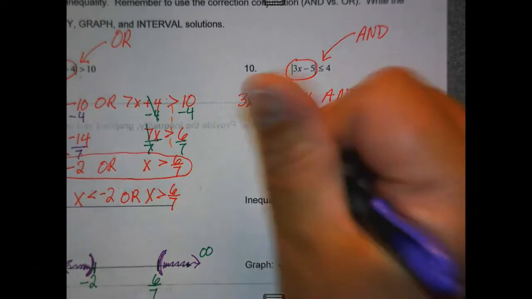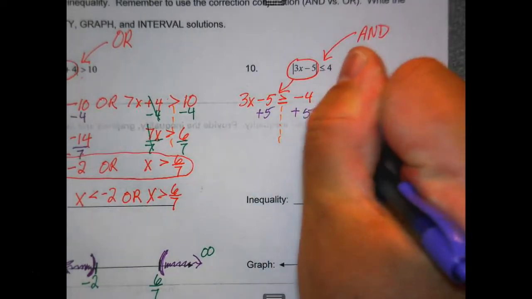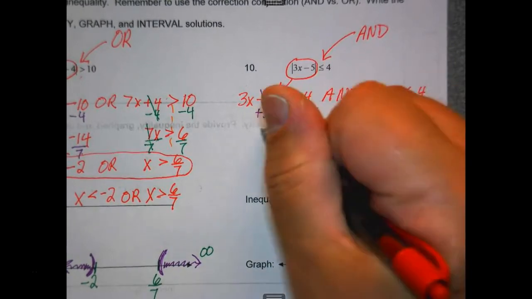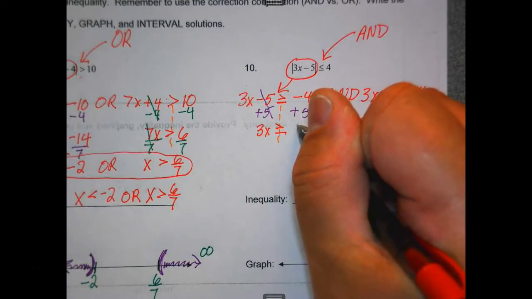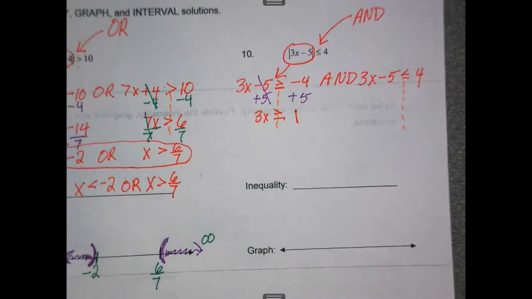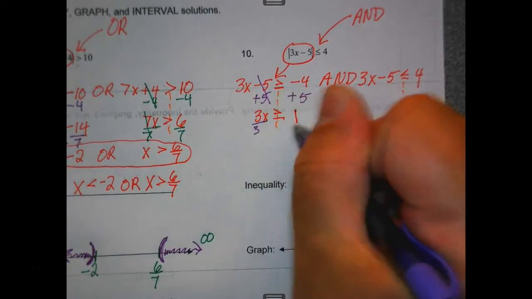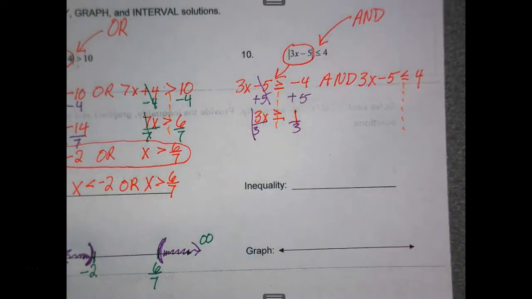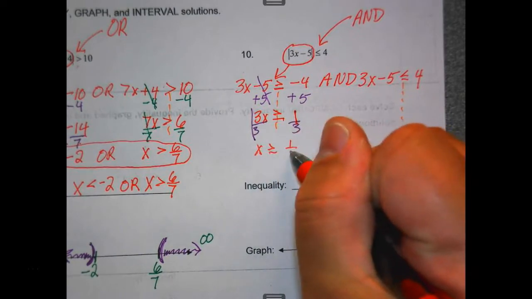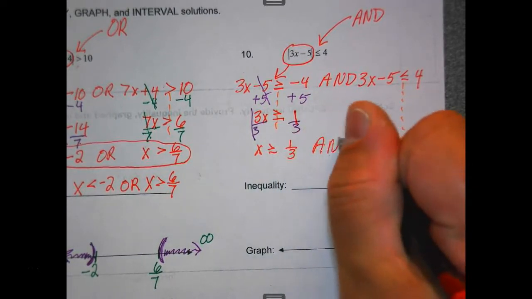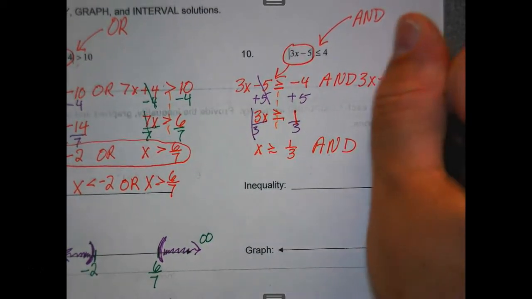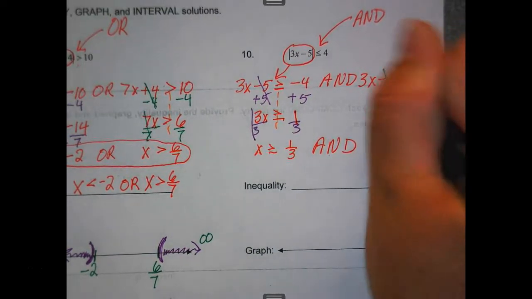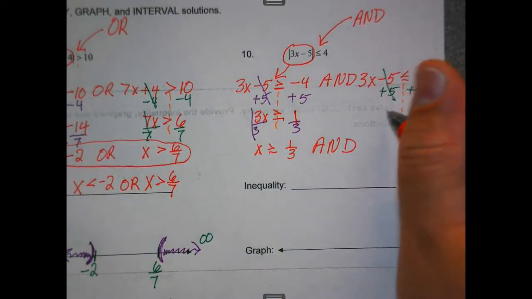I'm going to add 5 to both sides. I get 3x greater than or equal to positive 1. Divide both sides by 3. X is greater than or equal to 1/3. And add 5, add 5. 3x is less than or equal to 9.